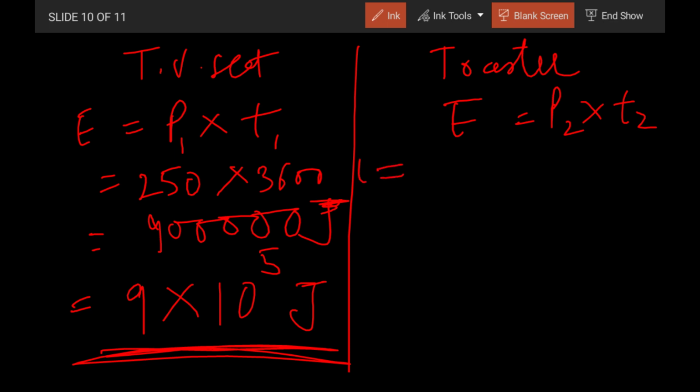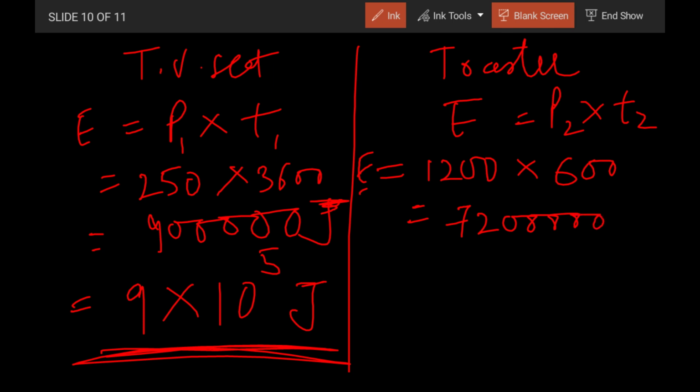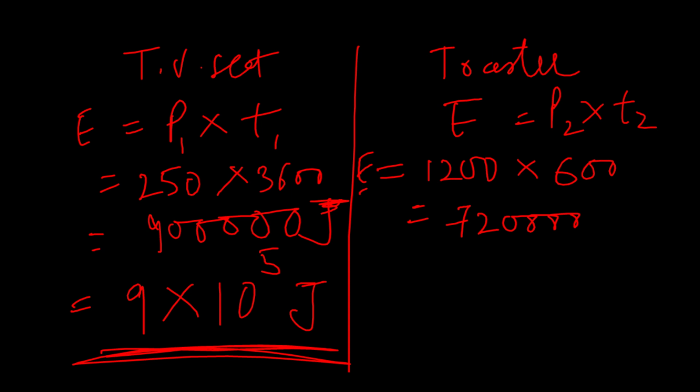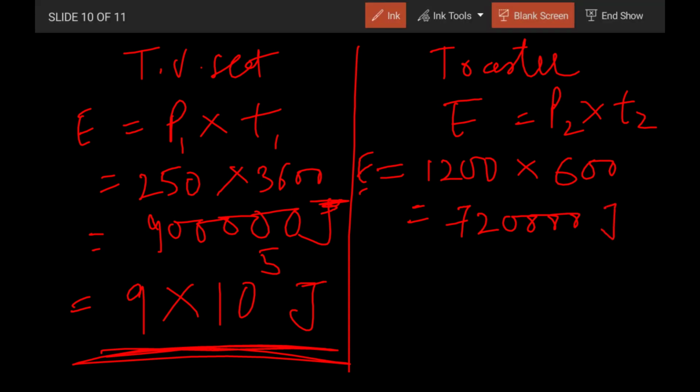We will calculate the energy utilized by the toaster here. 1200 into 600 is equal to this much, which in joules we can write as 7.2 into 10 to the power 5 joules.